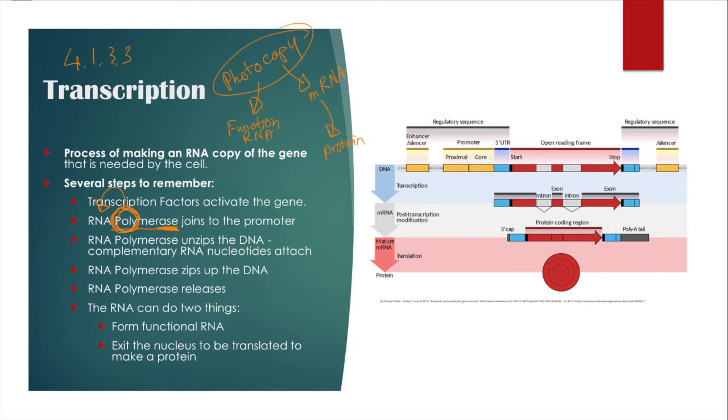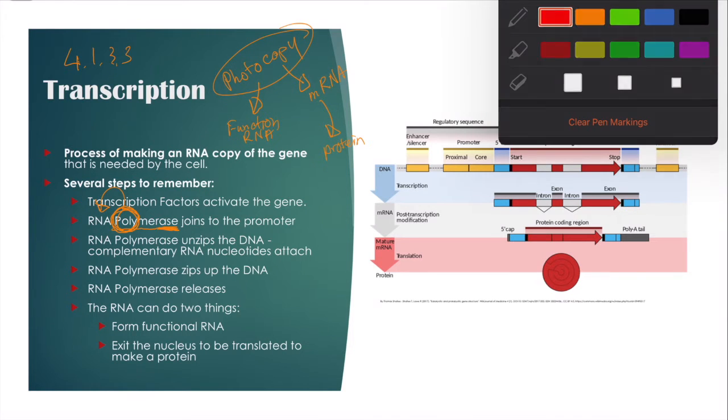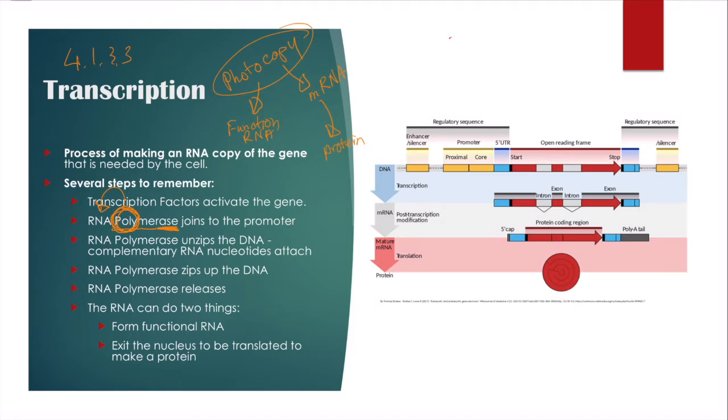So there are several steps that we need to know when we photocopy a gene from the DNA. First of all, you have to have that little gene exposed and ready to be copied. Now, I could go into this for hours if I really wanted to, and I don't want to. It'd be way too hard for you guys, but basically just because the gene is there doesn't mean it's going to get copied.